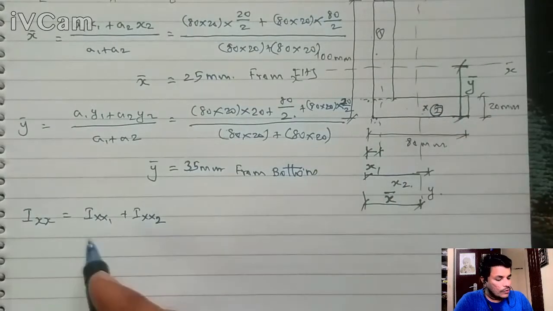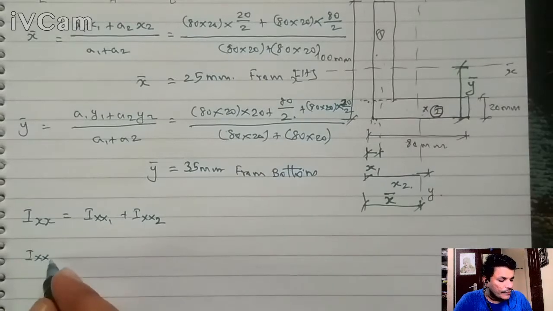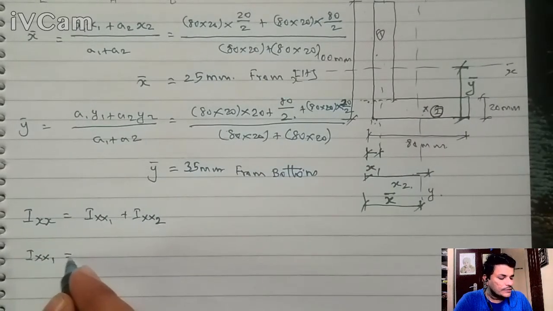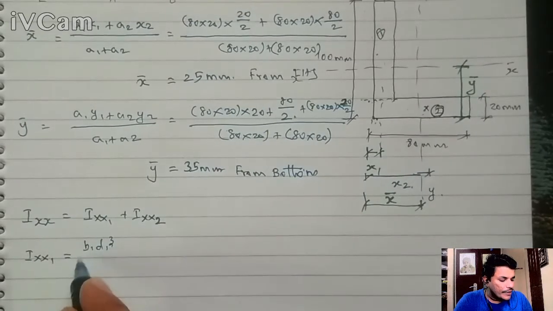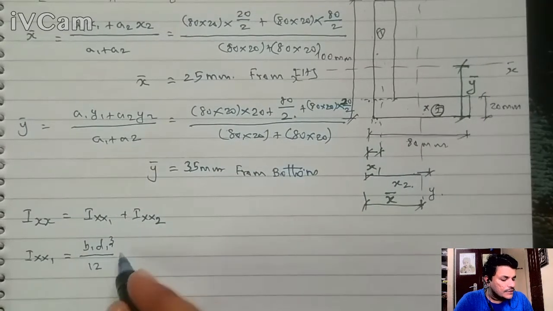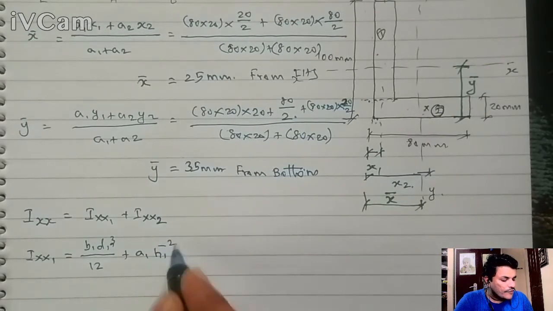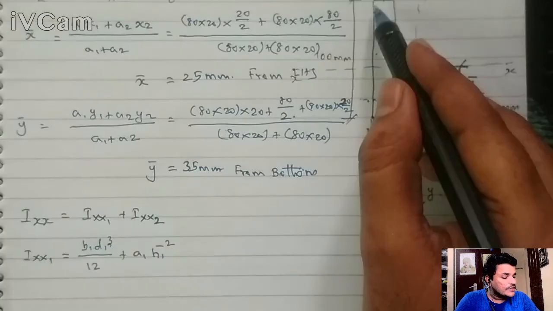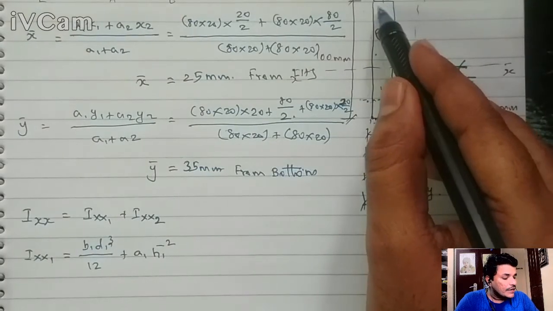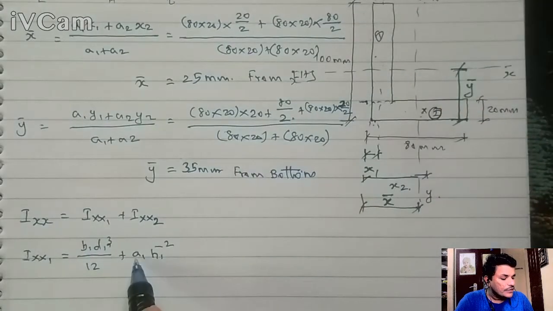Okay, so first, what is the formula for Ixx1? Ixx1 is equal to b1 d1 cube divided by 12 plus a1 into h1 bar square. How this formula comes: if it is a single rectangular section, it is b1 d1 cube divided by 12. So b1 is the breadth of the first section and d1 is the depth of the first section. a1 is the area of the section, and h1 bar.